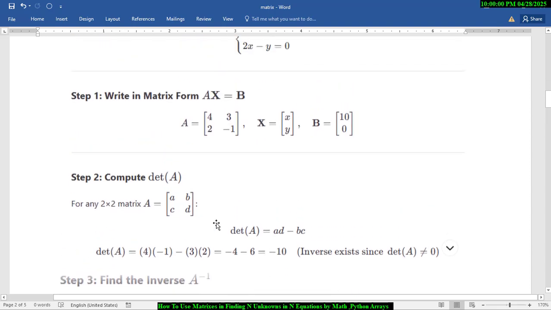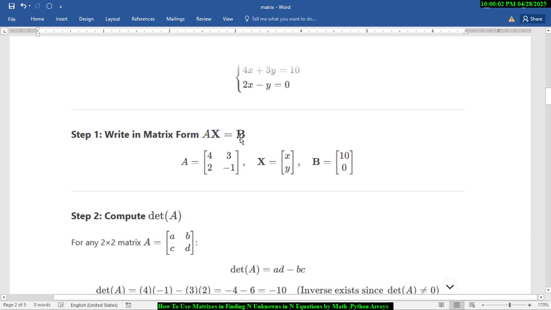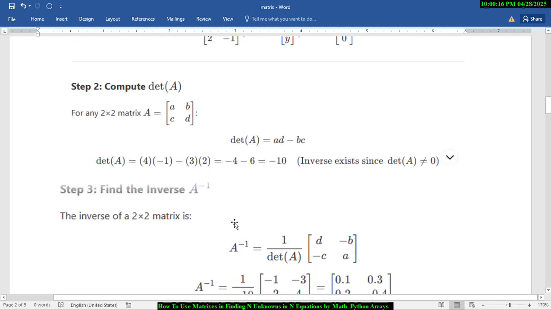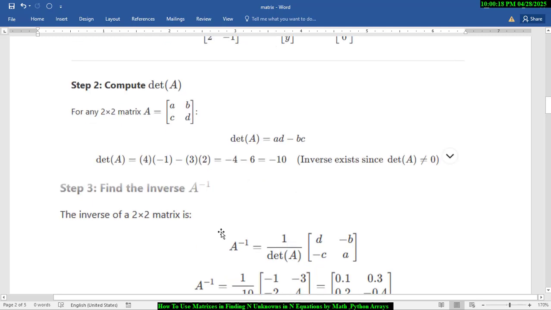Why A minus 1? Because AX equals B. So X, which is unknown, equals A minus 1 times B. So A goes to the other hand or the right hand as A minus 1. To calculate A minus 1 as an array or matrix, so array equals a matrix, because in programming we will use the word array instead of matrix.